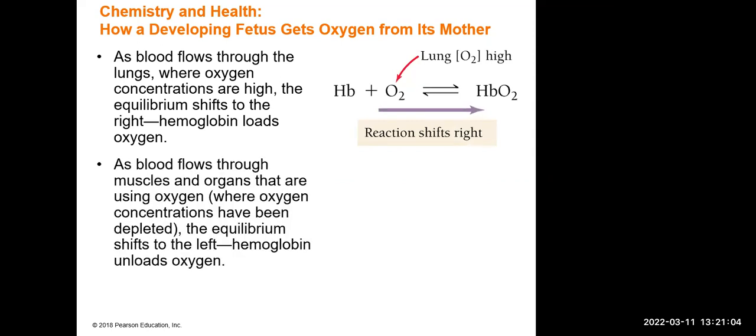As blood flows through muscles and organs, they are using oxygen in those places, so oxygen concentration is depleted. The equilibrium shifts to the left, which means the hemoglobin releases oxygen.